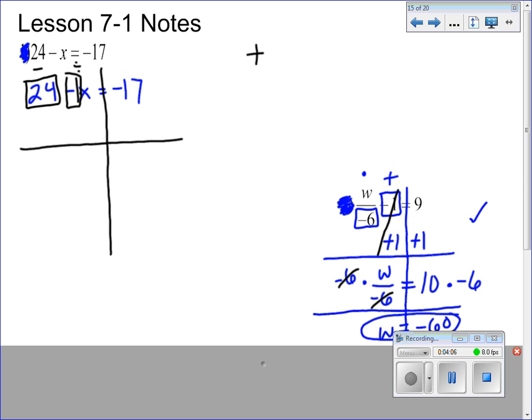We always add or subtract first, then multiply or divide. So we're going to actually subtract this 24 first from both sides. These cancel. You're left with your negative 1x over here. And negative 17 minus 24. If we subtract that, we'll get negative 21 plus negative 41.